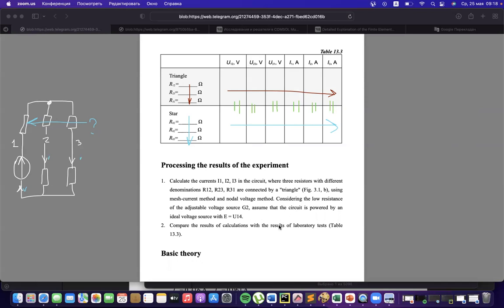Just these 3 steps. First step, from your initial data, calculate the working mode of the triangle. Second step, calculate the equivalent star to this triangle. And the third step, calculate the working mode of the star to compare it with the triangle. 3 main steps of your laboratory work. That is how it should be.